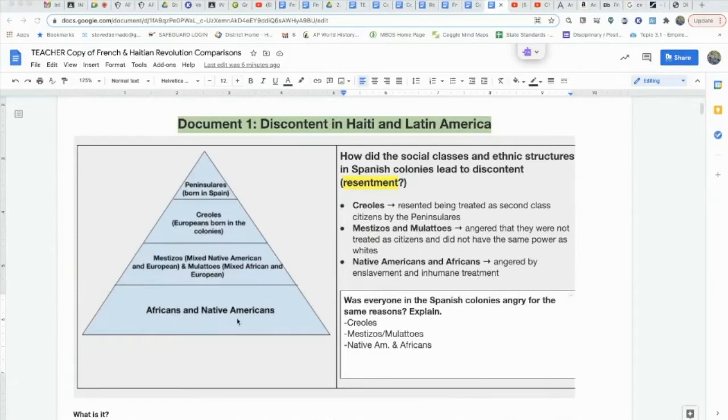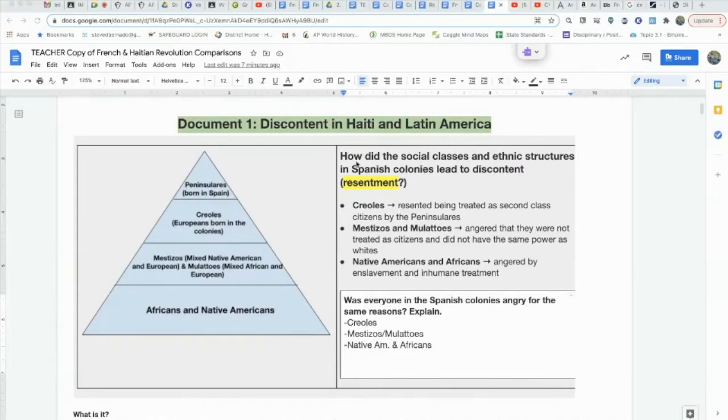They're on the bottom of the social class ladder here. So you can see the people on the bottom suffer the most. And then the people above them, maybe a little bit less, but they still suffer the limitations of being looked down upon, as well as the Creoles. The peninsulares are on the top of the social class. They have wealth, they have power, they have control of society.